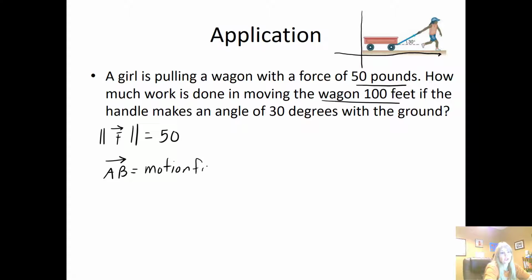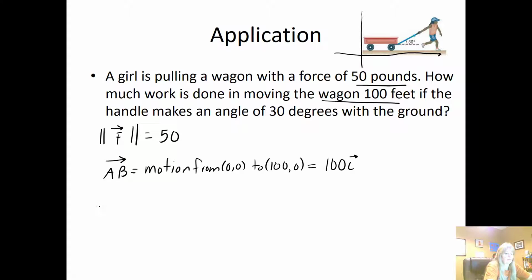So the motion is going from the origin to the point (100, 0). In other words, this is moving in my horizontal component, so 100i.